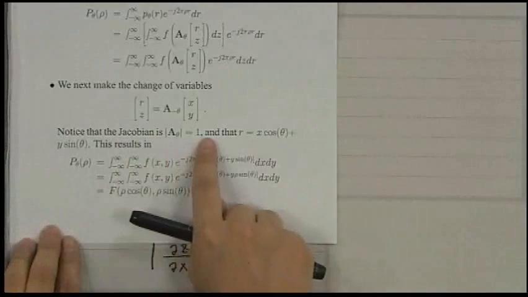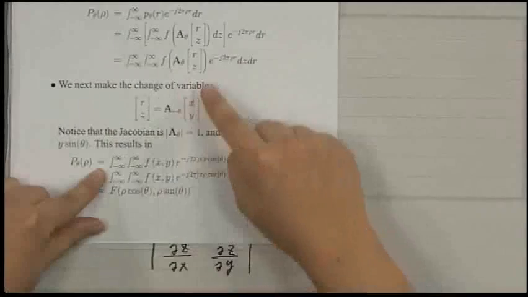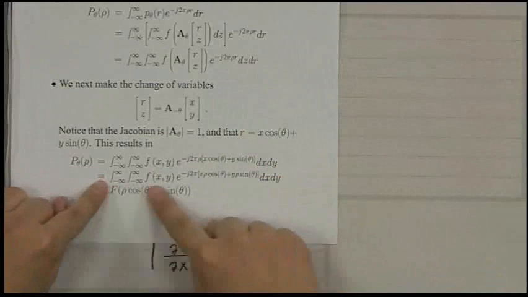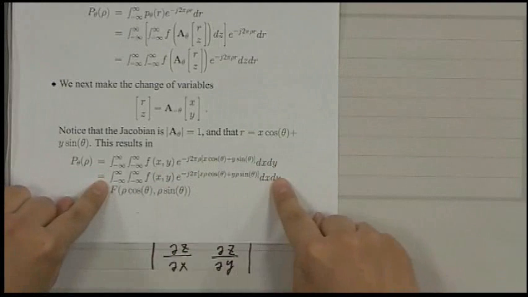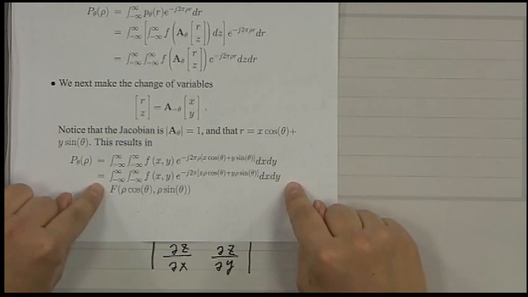So we knew that the Jacobian is 1. So we change all of the variables from r, z to x, y. And I think most people are familiar with this form of equation. This is a Fourier transform.